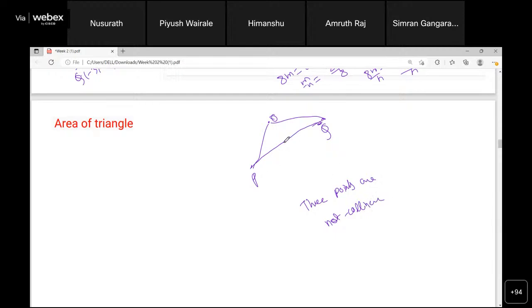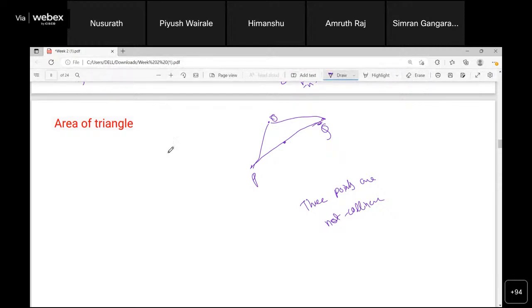If it is collinear, it means it's lying on the same line. And say suppose I have this triangle. Let me draw in this way. This is my triangle.